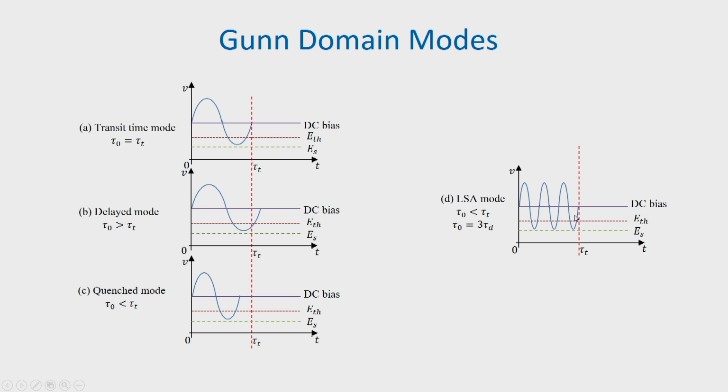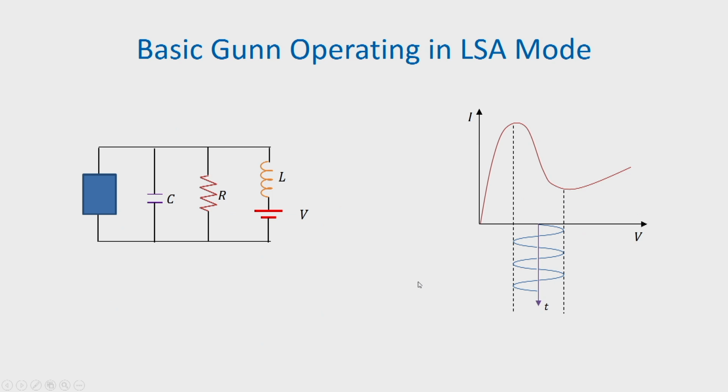And by this process, the device is maintained in the negative resistance region for a large portion of time. A basic Gunn type device operating in LSA mode is shown.